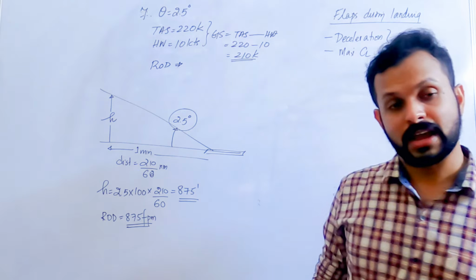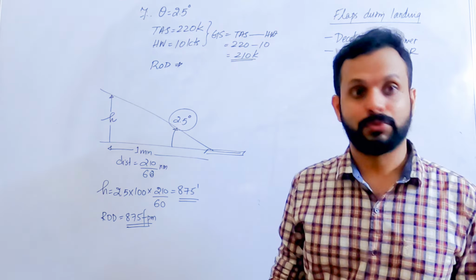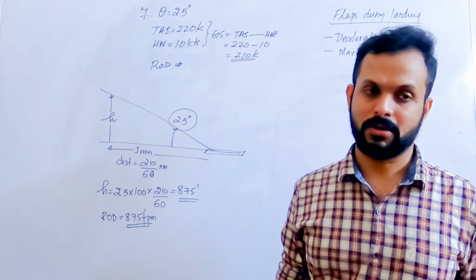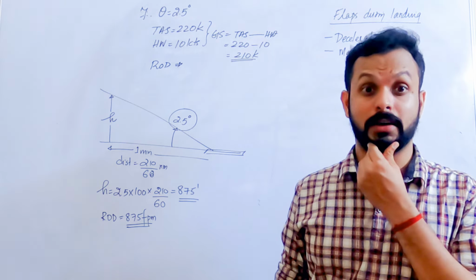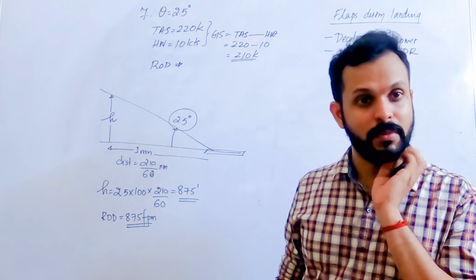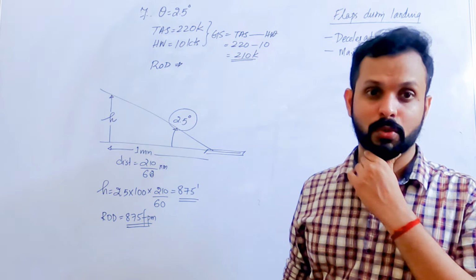Do you think it's a higher rate of descent or a lower rate of descent than normal? If your flaps would have worked, then you would have to maintain a lower or a higher rate of descent? Lower. No, it's a higher one. It's a higher one, which means if the flaps are working, you'll maintain say 1000 feet per minute. That means a higher one, if the flaps were working.